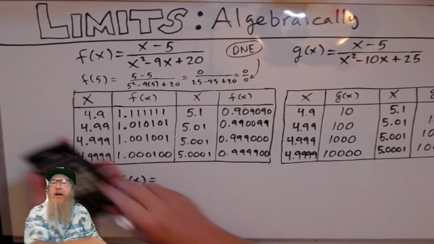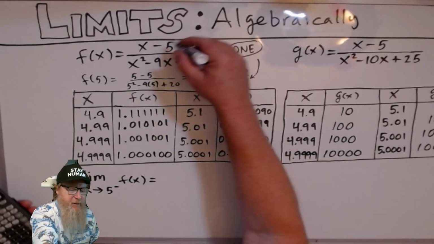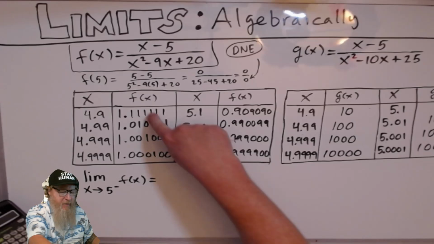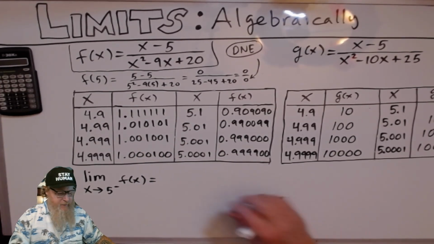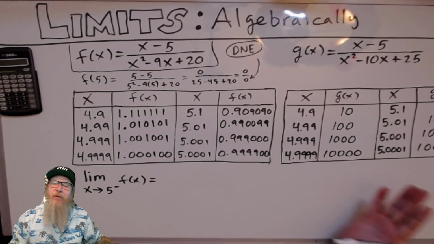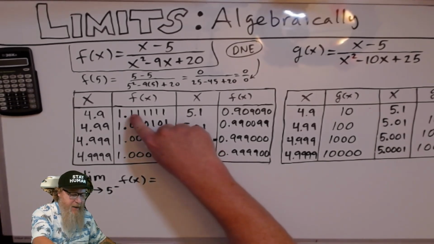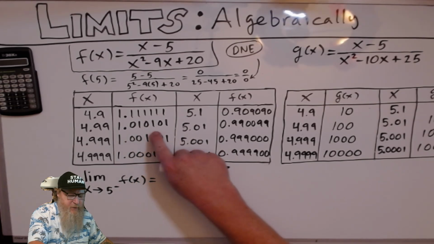I did all of that on my calculator by inserting 4.9 into this function, calculating it all out carefully and putting 6 decimal places. You can go more, and some of the problems allow less, but 6 is a good place to stop here. I think you can clearly see 1.111, 1.010101.